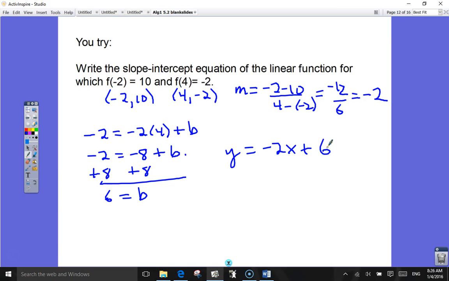Again, you could check it, plug it in. -2 times -2 is +4 plus 6 is 10. -2 times 4 is -8 plus 6 is -2. So they work. Good? Okay. I think I got 2 more.